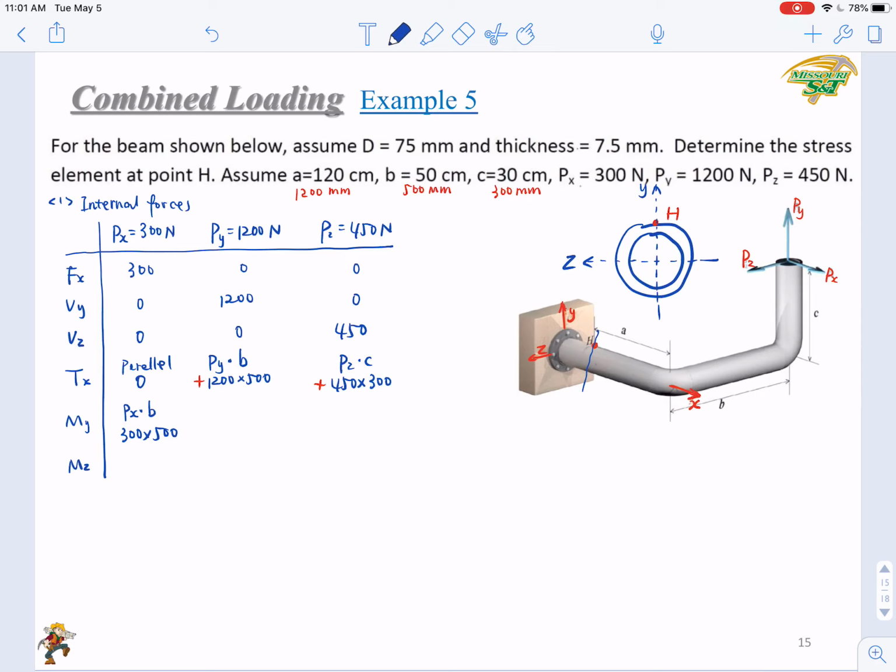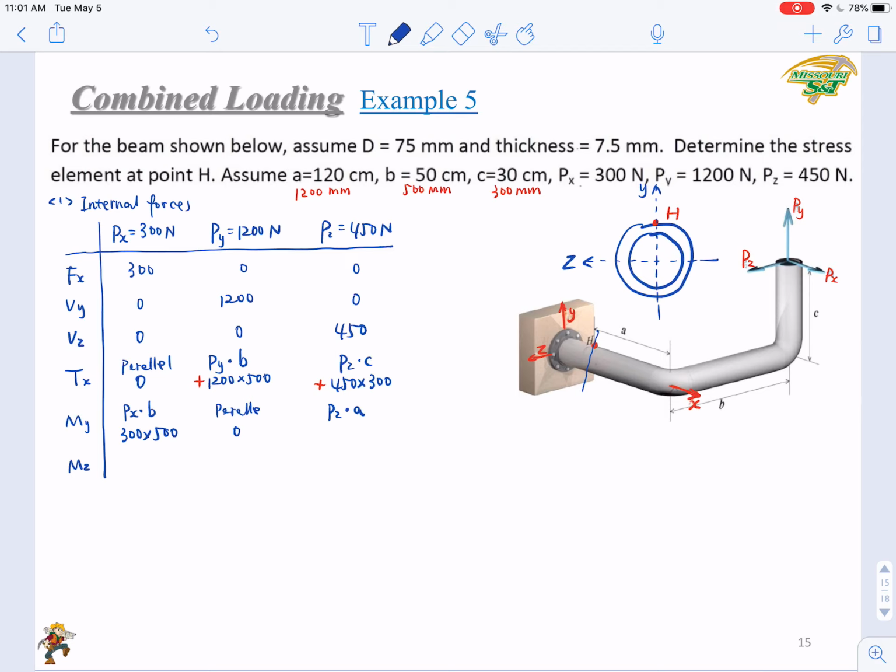How about Py? Py is parallel with y-axis, so here it's 0, right? Parallel, 0. How about Pz? Pz will make a bending moment My, right? So what is the arm? A, B, or C? This will be A, right? So Pz times A. You can see that the most difficult part of this problem will be finding the correct arm.